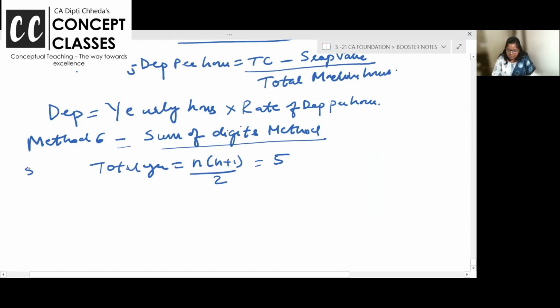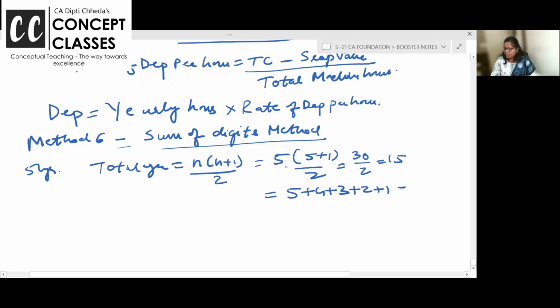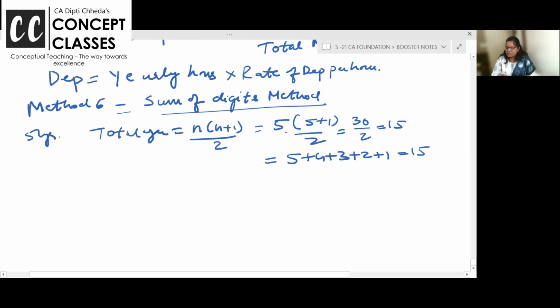Say 5 years. ये लिखो: 5 plus 1 divide by 2. 5 years. So 5 plus 1, 6 5s are 30, divided by 2, 15. And another way is 5 plus 4 plus 3 plus 2 plus 1. I hope this is also coming to 15.